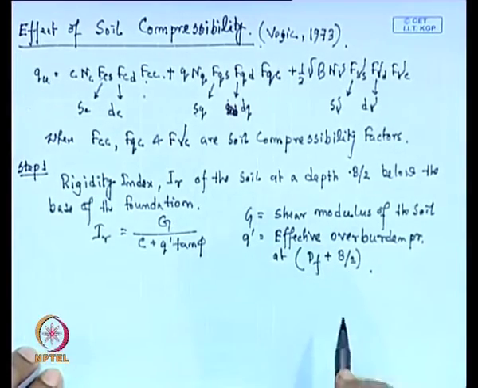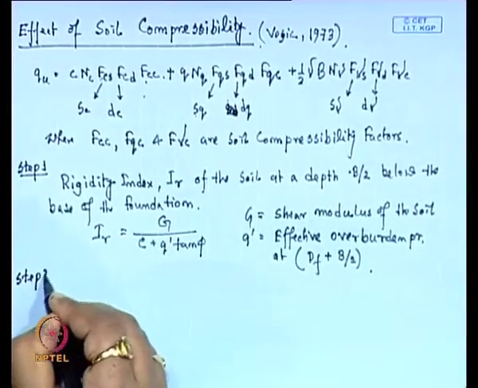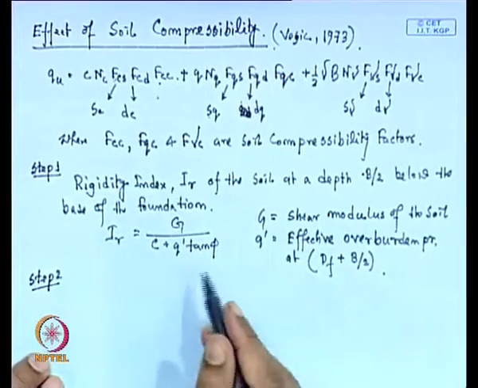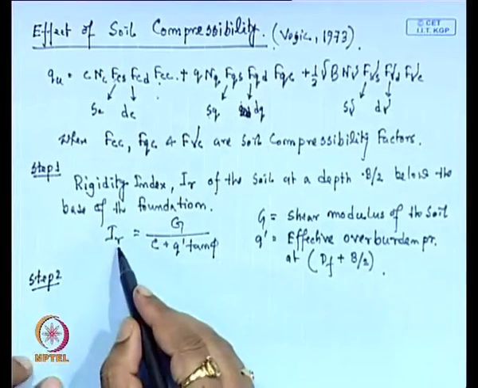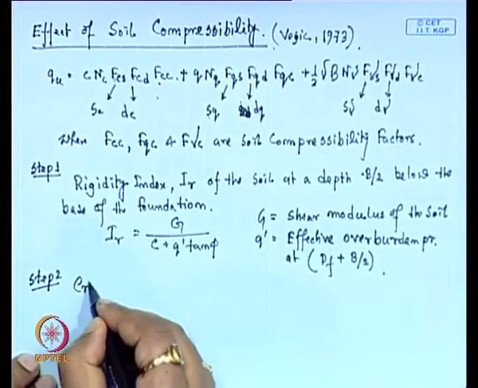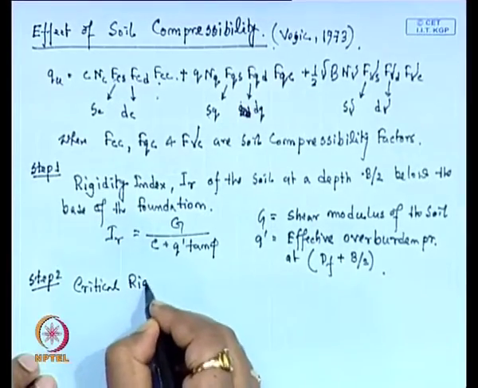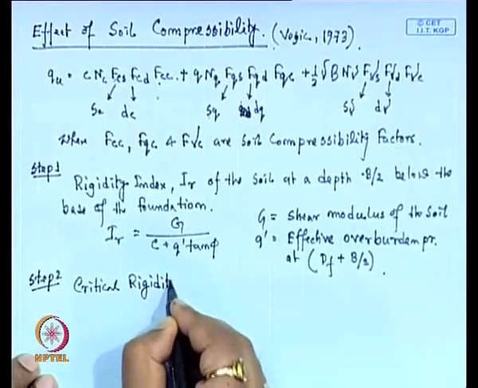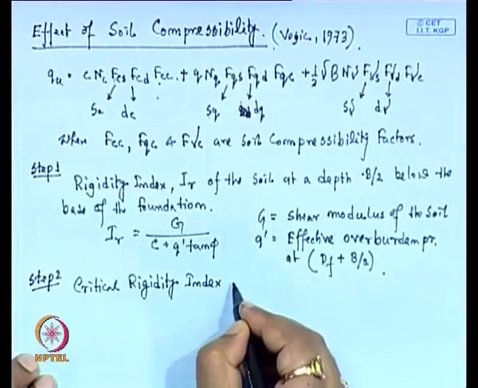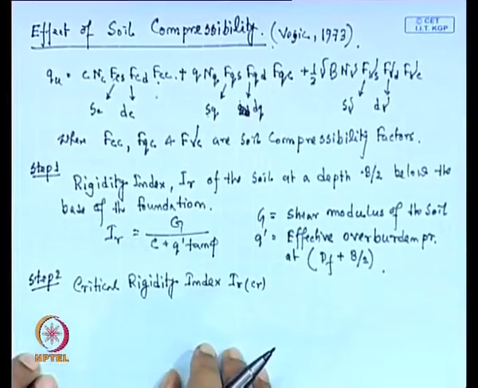So, now the next step, in the first step we calculate the rigidity index IR. The next step we will calculate the critical rigidity index, that is IR critical.